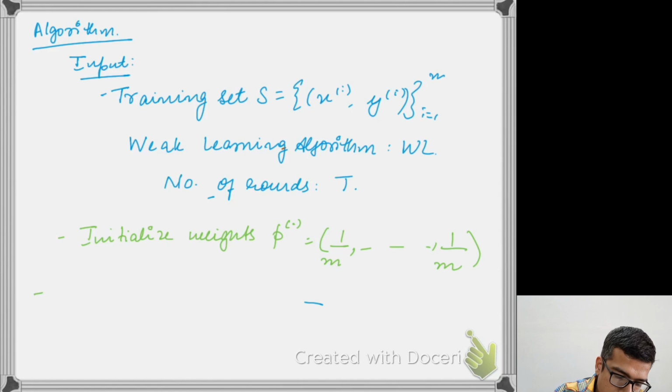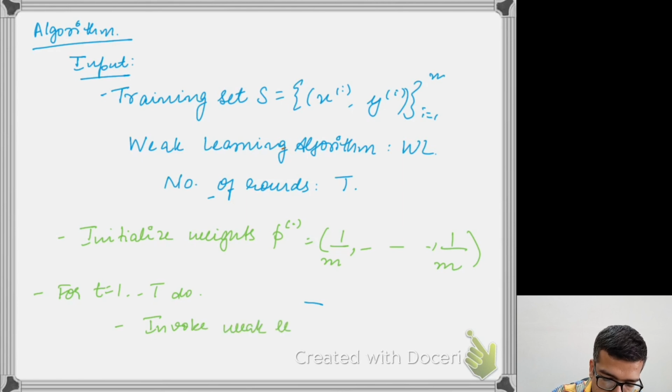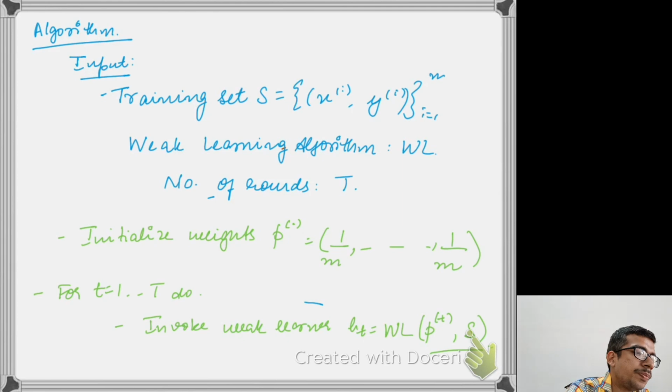And now for t equals 1 up to capital T, we do the following. So we invoke weak learner h_t. This is a weak learner on this distribution P_t and on the training set S.